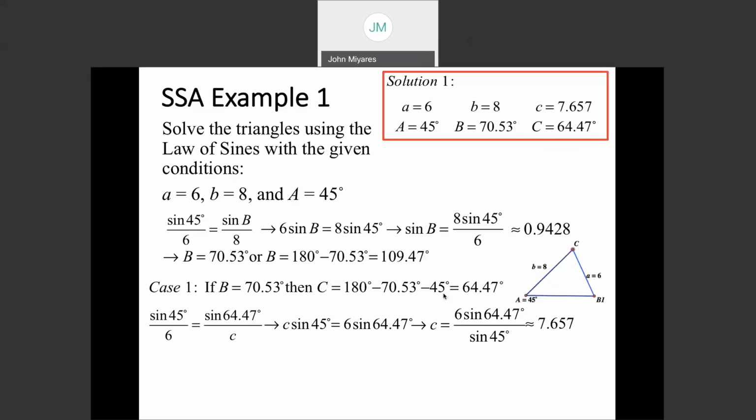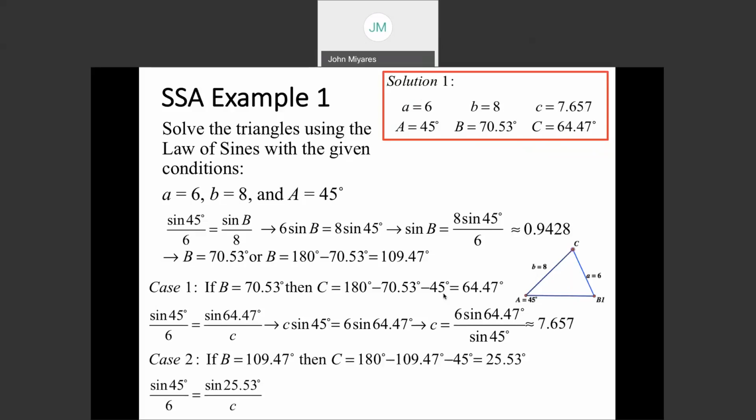Now let's look at what happens if we assume that angle B is obtuse instead of acute. If angle B had a measure of 109.47 degrees, then angle C would measure 25.53 degrees after we subtract 109.47 and 45 from 180.